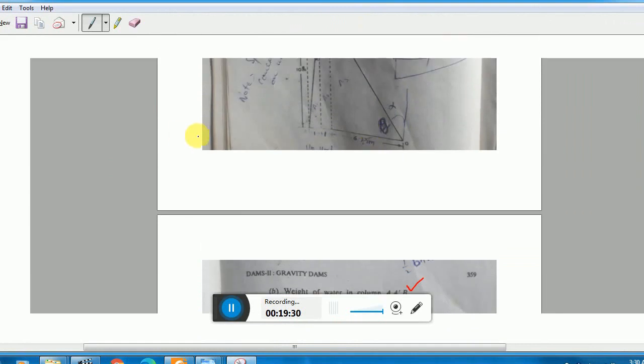Okay, let's see how we can write. Clear? This is the downstream side. This is the total figure. Now this side is also inclined.